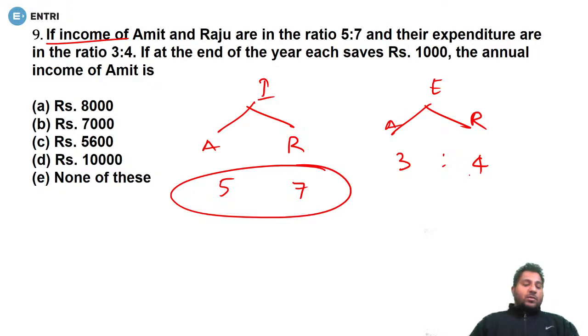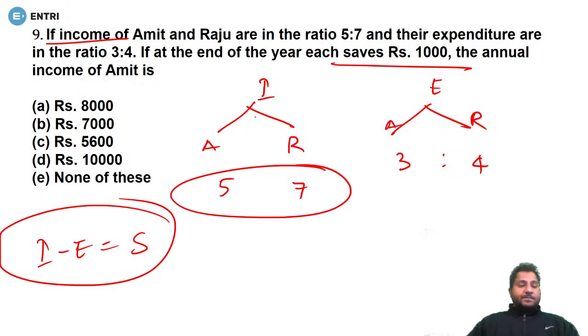Now how are you going to solve this one? The income and expenditure have been given, and each one saves 1000. You know that income minus expenditure has to be equal to saving.